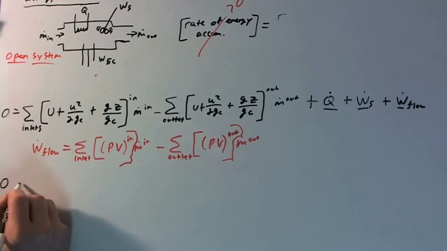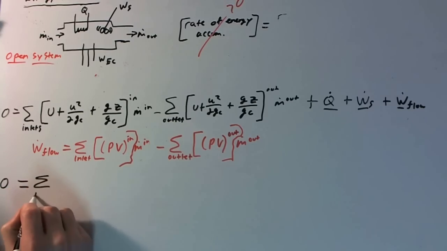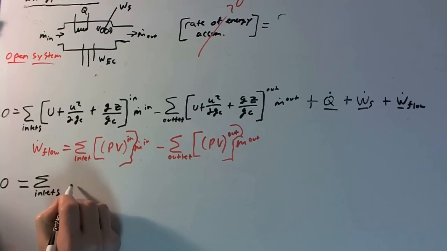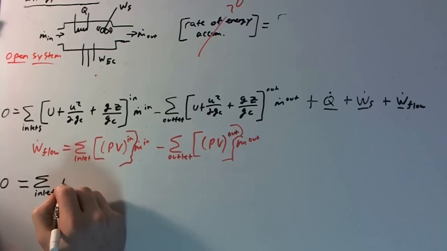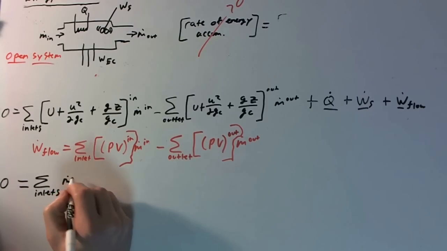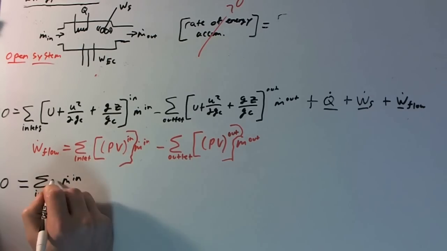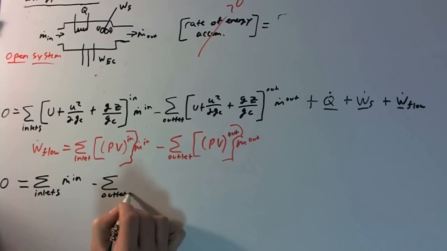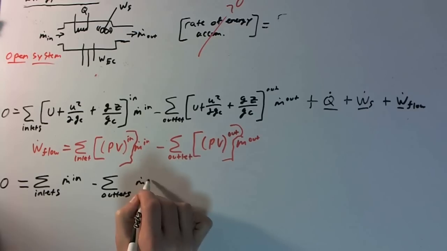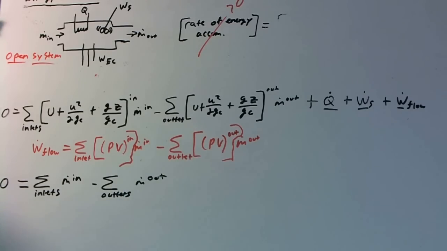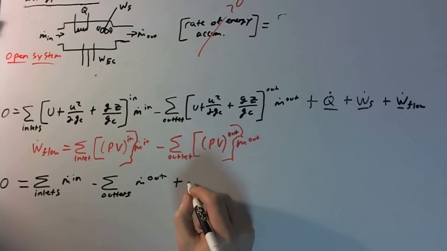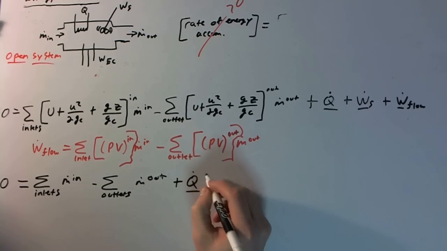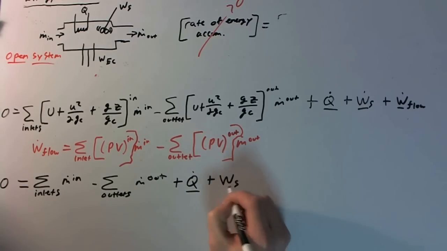So we have 0 is equal to the sum of the inlets times, and I'm not even going to rewrite this just for the sake of saving room and time, inlet, right? Minus the outlets times the mass flow rate out, right? And then we have plus Q, right? That doesn't change. Plus the shaft work, that doesn't change.